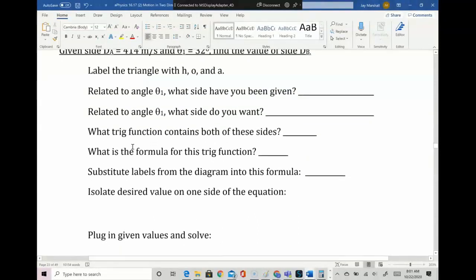So, as far as these blanks go, what side have you been given? You've been given the hypotenuse. What side do you want? You want the adjacent side. The trig function that contains those is the cosine.